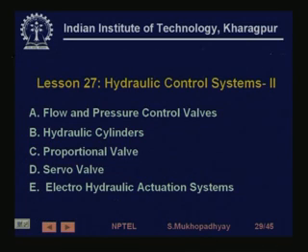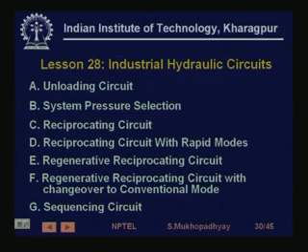They are the proportional valve and the servo valve. And then finally we took a look at an electro-hydraulic actuation system. In lesson 28, we took a look at various typical industrial hydraulic circuits and saw how these techniques can be applied for industrial purposes.